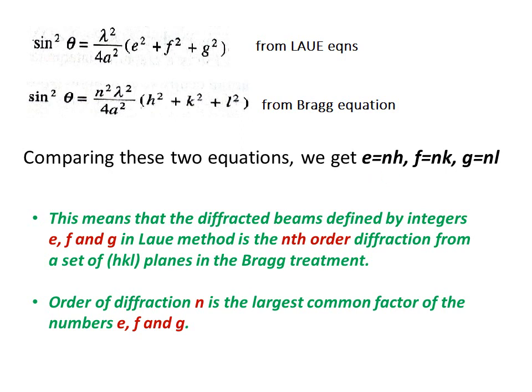So that is how we say that these two, LAUE equations and Bragg equation, are actually two different ways in which you can represent the diffraction conditions, but the Bragg condition we can obtain from LAUE equations, so they are actually connected, or we can say they are equivalent.